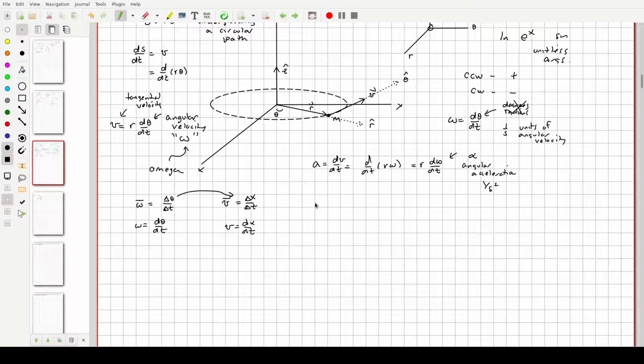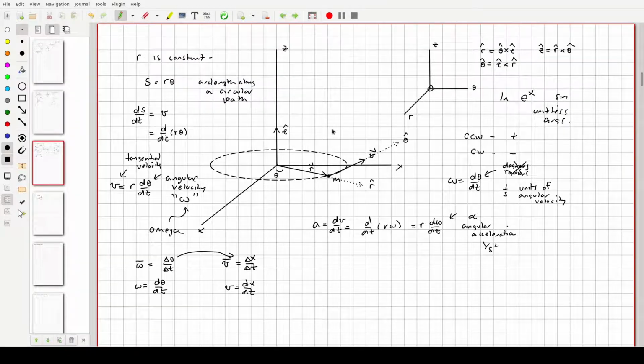Now, that said, frequently it's useful for us to talk about relationships between, say, omega, r, and v, much like the one that we have right here. If you think about it, v is this way, r is this way.